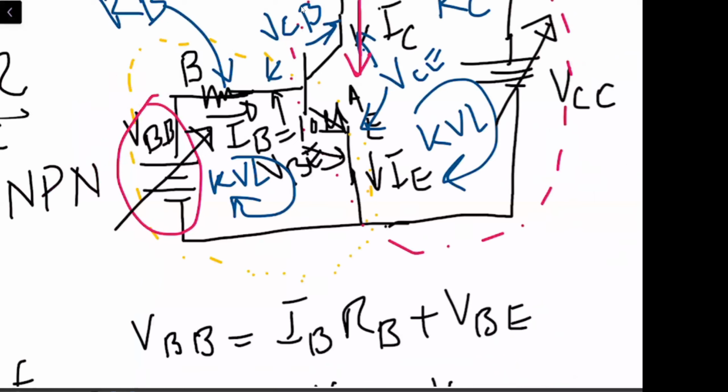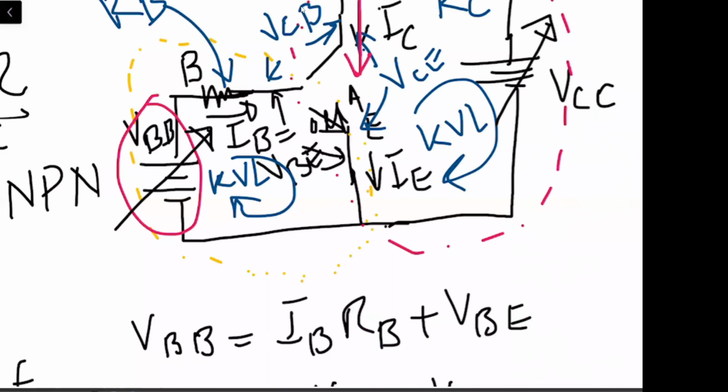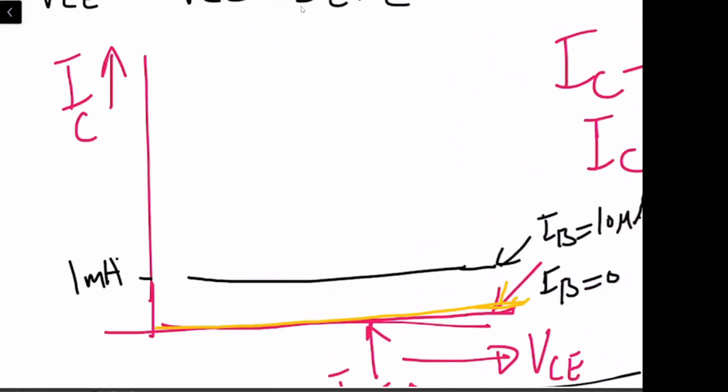And similarly, we increase the value of VBB over here. When we increase the value of VBB, previously IB was 10 microamperes, so now let's suppose we increase it and make it 20 microamperes, right? By making it 20 microamperes, correspondingly the value of IC will become 2 milliamperes.